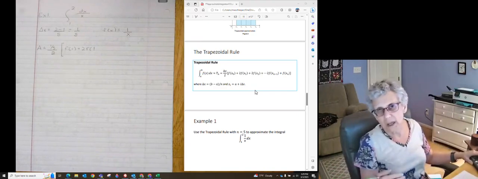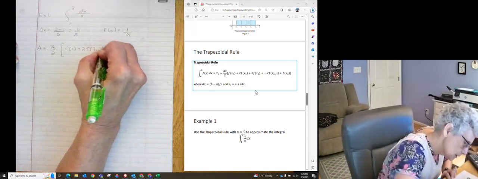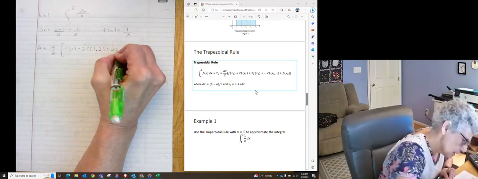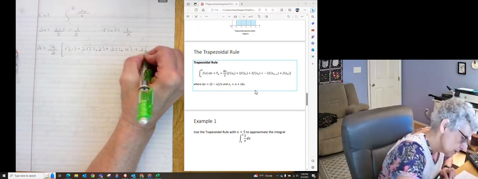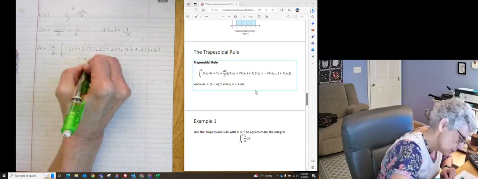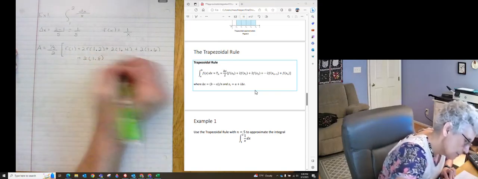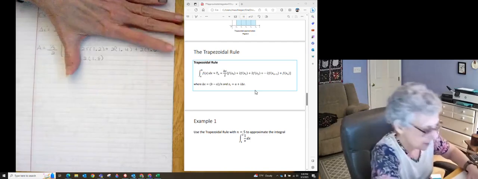So let's go ahead and use decimals. 1/5 would be 1.2 plus 2 times f of 1.4 plus 2 times f of 1.6 plus 2 times f of 1.8, let me fix that.